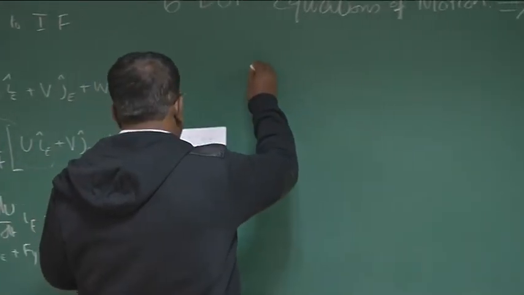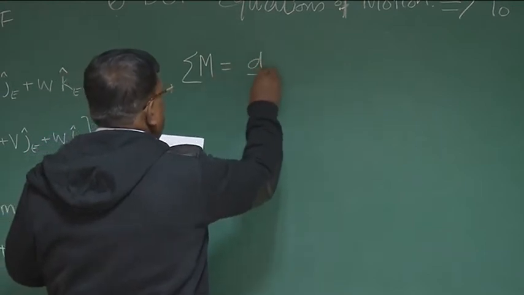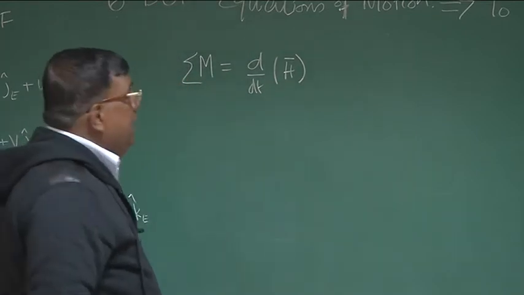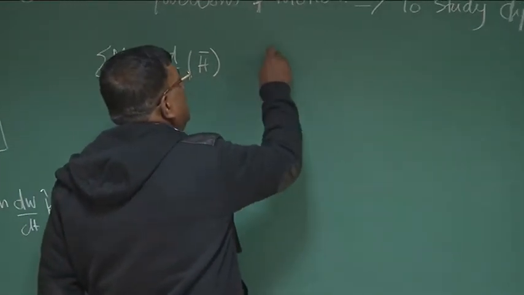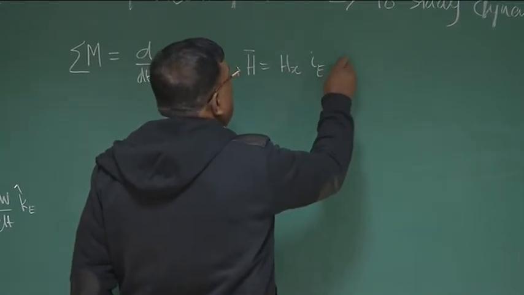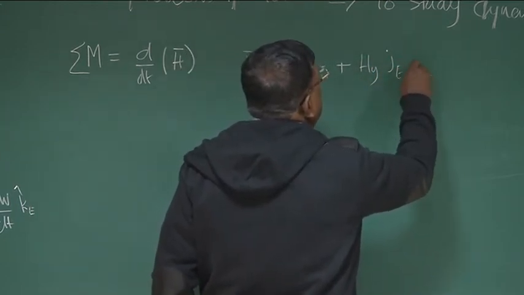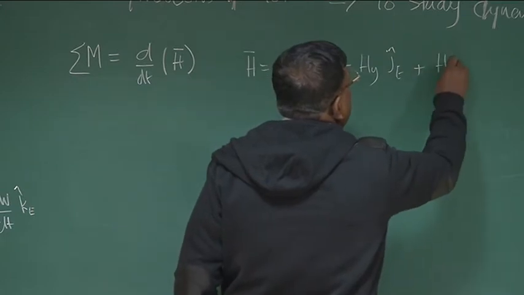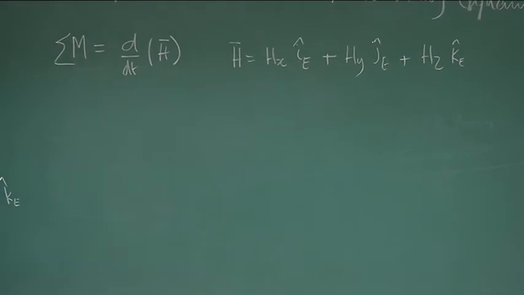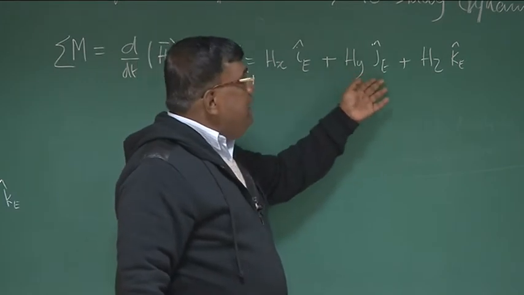Similarly, if I do this, the summation of moments is d by dt of H, and I write H as angular momentum: Hx, the x component along the earth inertial frame, and Hy into jE plus Hz into kE. These are the components of total angular momentum along the inertial frame, which is earth fixed iE, jE and kE.